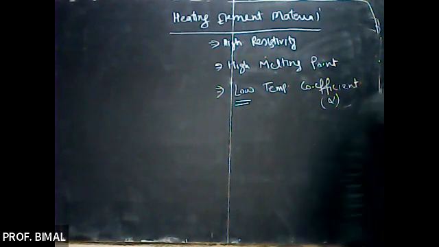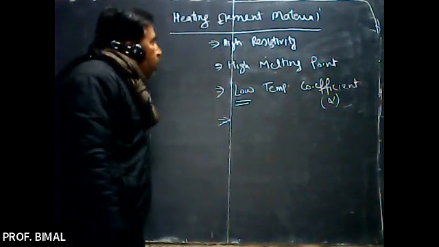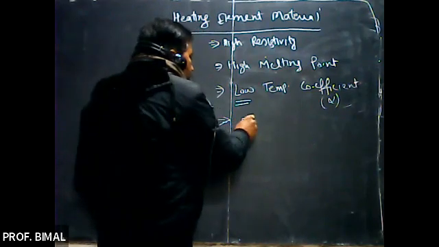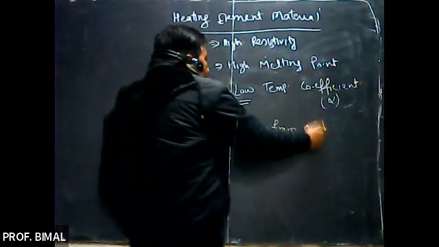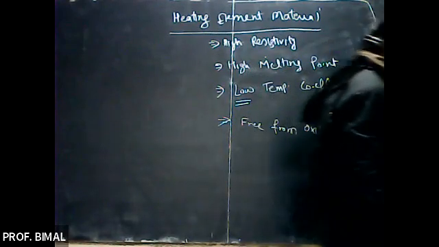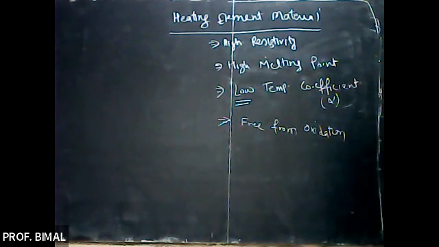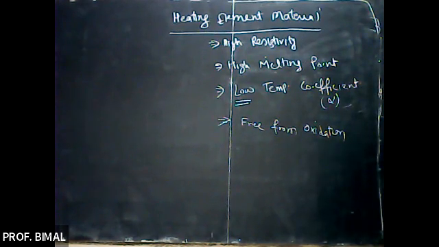And another is that the material used for the heating element must be free from oxidation. This is another property, so that the material may withstand the required temperature without getting oxidized. Otherwise, it would have to be replaced frequently.